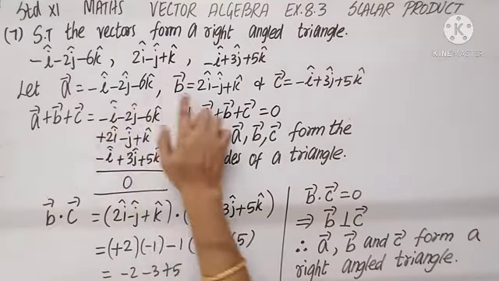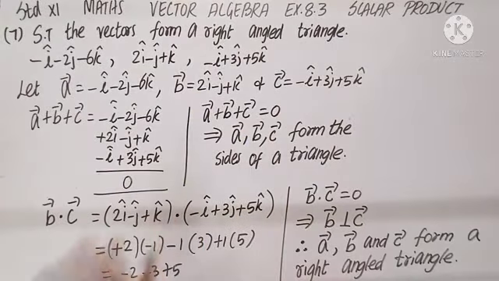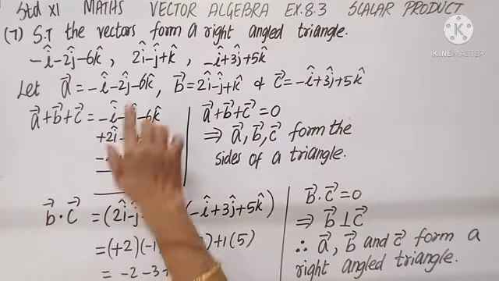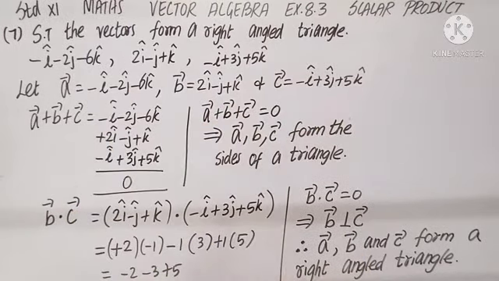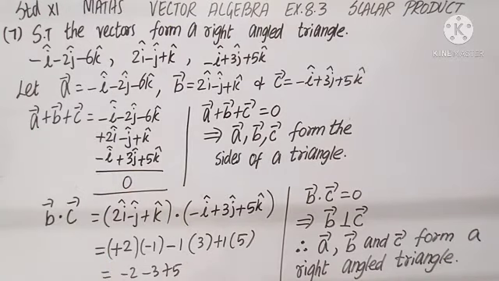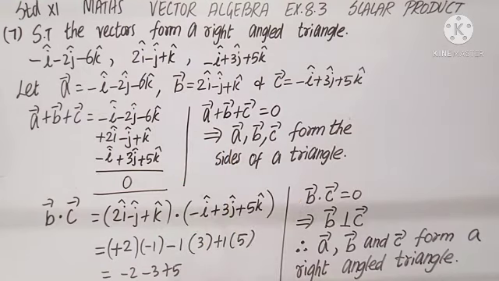As I look at this problem, I get minus I plus 2I minus I, 0. Minus 2j minus j plus 3j, 0. Minus 6k plus 5k, 0. So as we add A vector, B vector and C vector, we arrive at 0, which tells us A vector, B vector, C vector are forming the sides of a triangle.